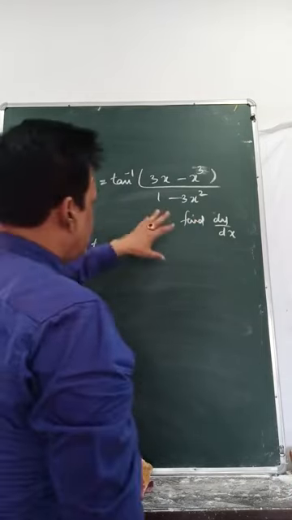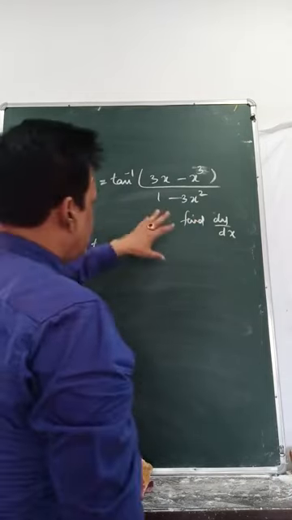All inverse function problems are solved by the substitution method. Here it becomes tan inverse of a function of tan, so tan inverse tan will be cancelled. If I compare with the formula, tan 3 theta is 3 tan theta minus tan cube theta by 1 minus 3 tan square theta.